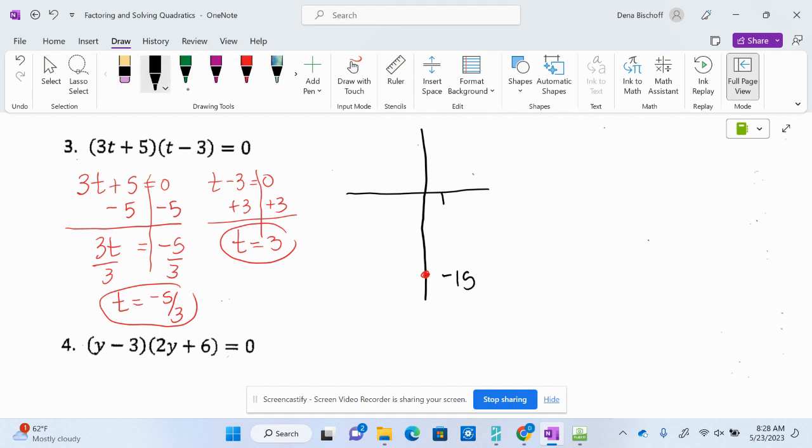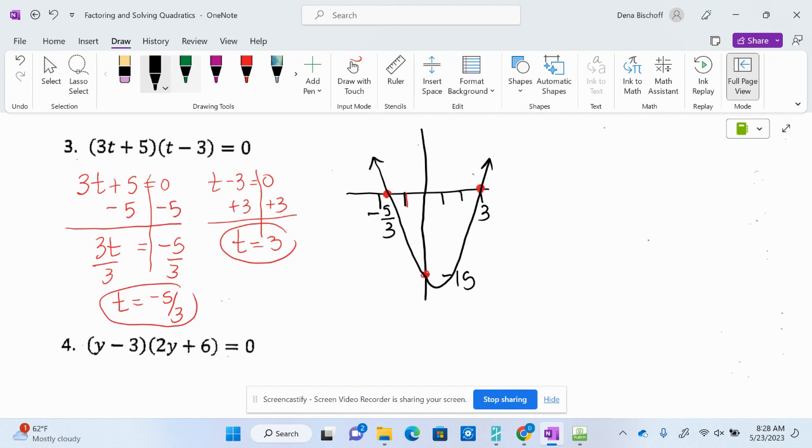And my roots are positive 1, 2, 3, and negative 1, negative 2, because negative 5/3 is the same thing as negative 1 and 2/3. So it's going to be about right here. This is where negative 5/3 lives. So my graph is going to look something like this. Okay.